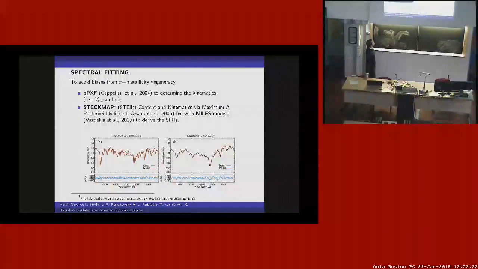And then they ran STECKMAP. STECKMAP is a Bayesian-method-based code which decomposes the spectrum of a galaxy in a temporal series of single stellar populations. And from STECKMAP they were able to retrieve the star formation history.